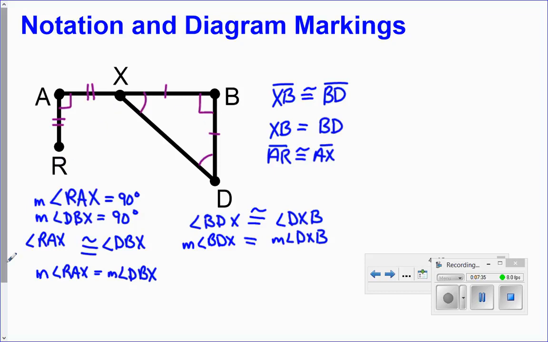If it was, then I would see the same marking on both line segments. Because I see one mark over here and two marks over here, I know that those two line segments are not congruent. So I do know that line segment AR is congruent to line segment AX, which means that the length of AR, if I'm talking about the length, I don't put the line segment above it, the length of AR is equal to the length of AX.